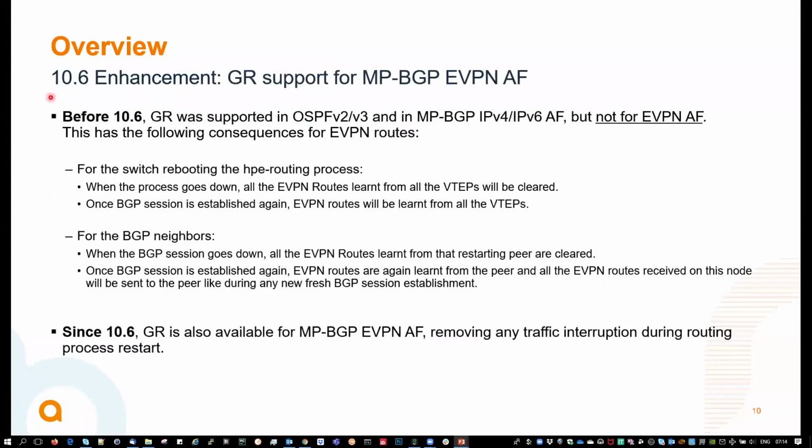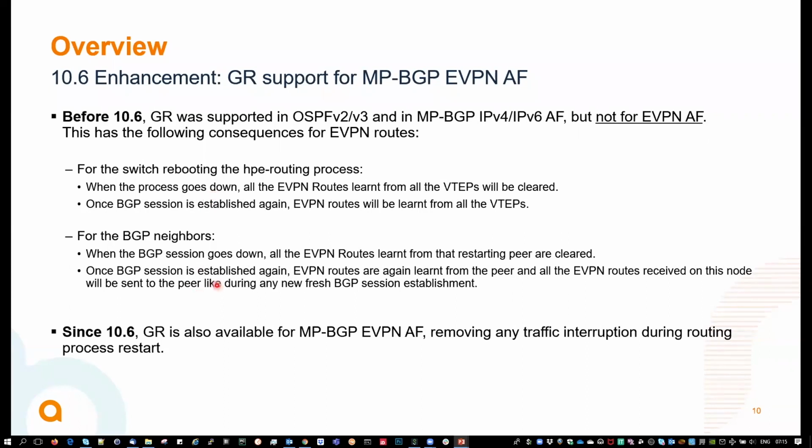Before 10.6, the Graceful Restart capability was supported on OSPF v2 and v3, address family IPv4 and IPv6, but not on EVPN. As a consequence, for the switch restarting the process, everything is getting cleared in terms of routes, and when the BGP session is restarted, you'll have to learn all the routes back.